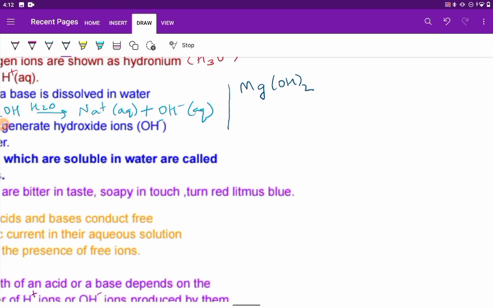Mg(OH)2 in the presence of water will produce Mg2 plus and 2OH minus. 2OH minus ions are produced, means 2 hydroxide ions are produced. So Mg(OH)2 in presence of water produces Mg2 plus and 2OH minus aqueous.